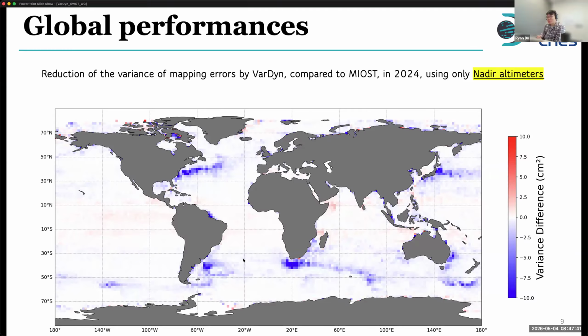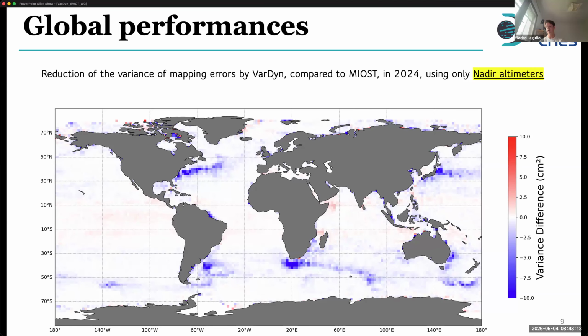Right. Speaking of the high wave number SSH signal in SWOT and also in nadir, in this system you're optimizing, how are you dealing with the noise, any observational, measurement noise? Basically, we use the prescribed noise from all the missions, and we have a spatial variability of this noise.